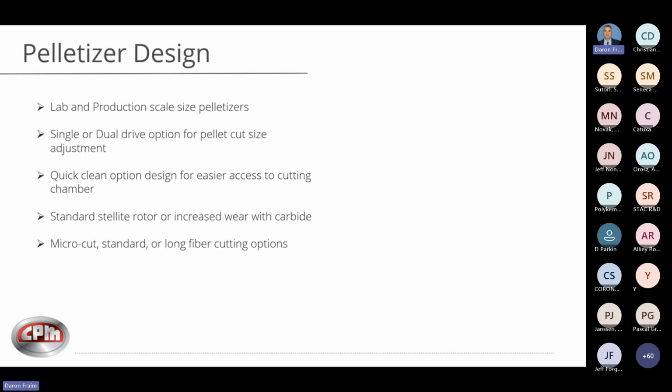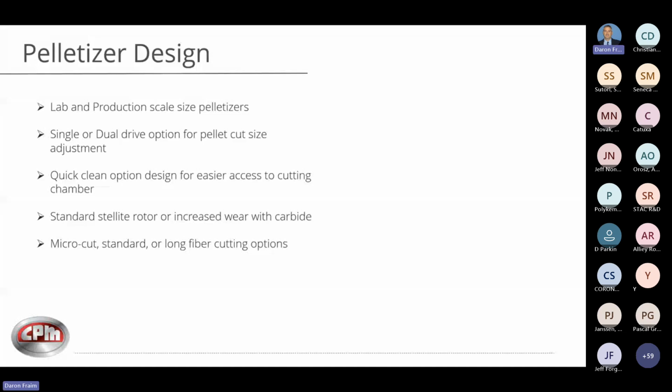The dual drive gives you independent control of the rotational speed, so you can change the speed of the rotary cutter independent of your in-feed roll, and adjust for pellet cut size. There are quick clean options for easier access to the cutting chamber, so when you're doing changeover cleanings, you can remove any residual pellets or material within that chamber and housing.